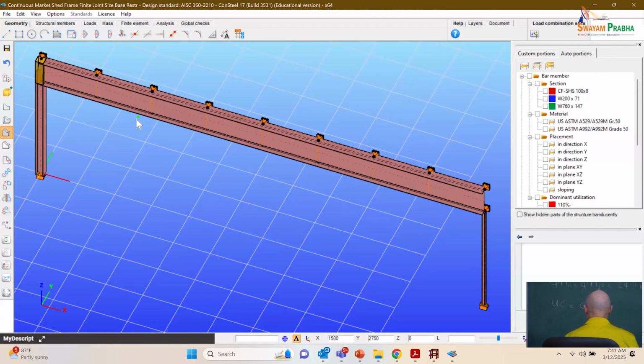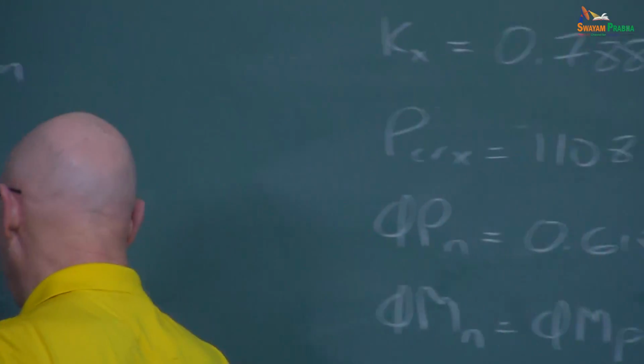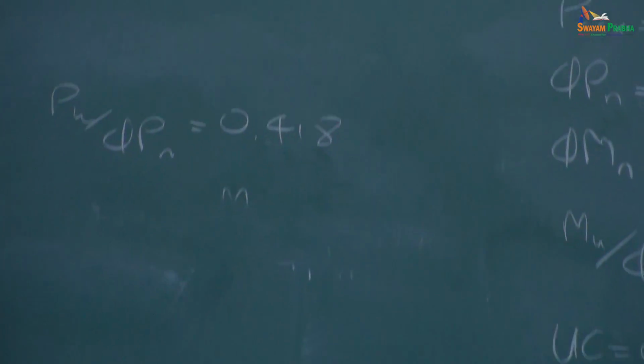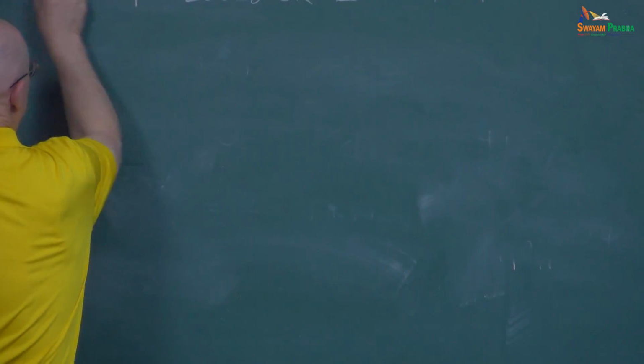And we have a rule that's kind of doing that when we do buckling calculations with the alignment chart in the AISC provisions.